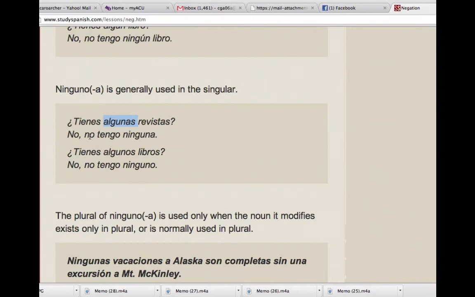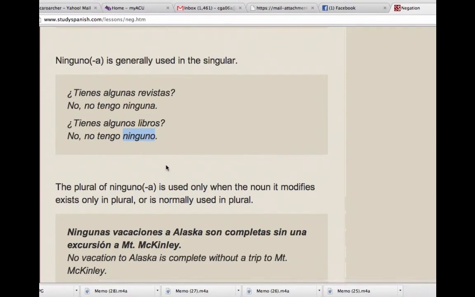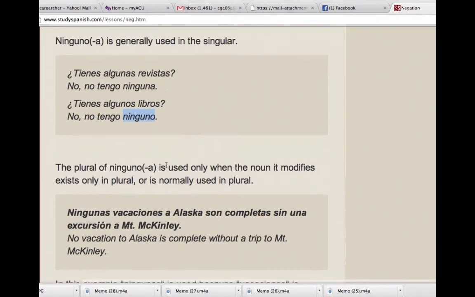And you're going to say, no, I don't have any, okay, no tengo ninguna. ¿O tienes algunos libros? This is plural. No tengo ninguno, okay, I don't have any, no tengo ninguno, okay, muy bien.